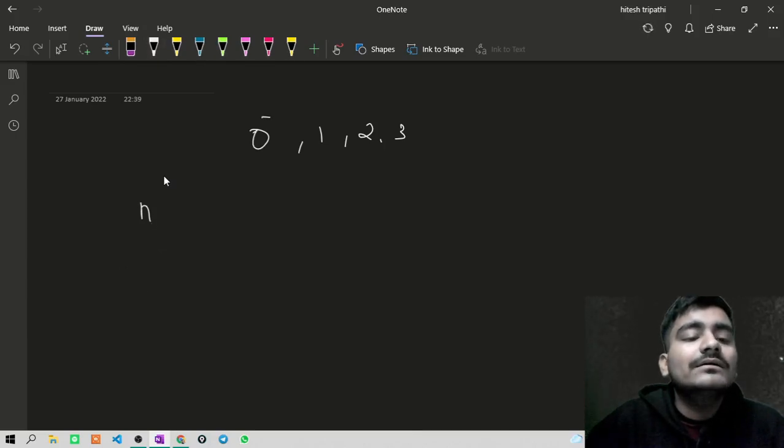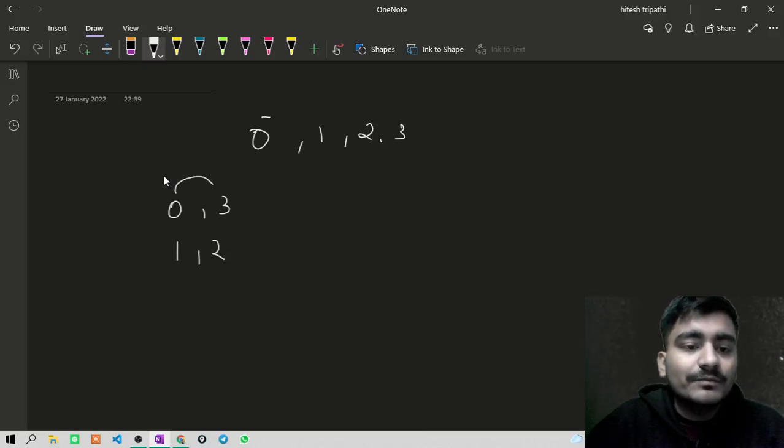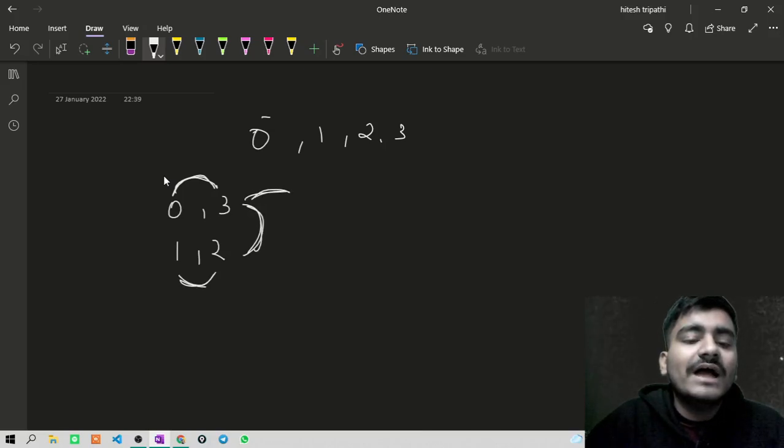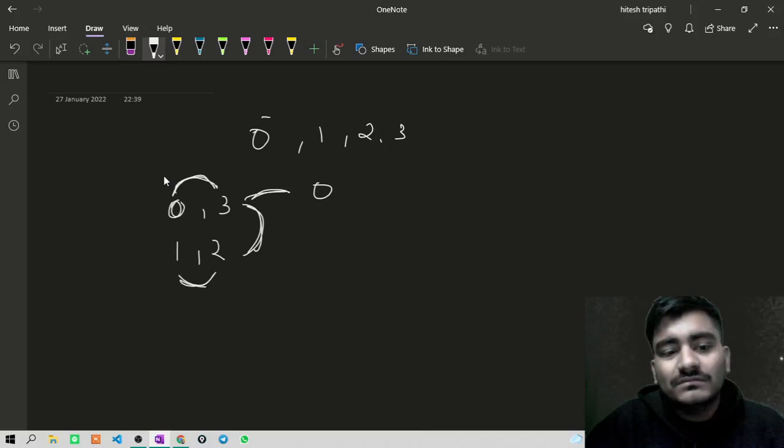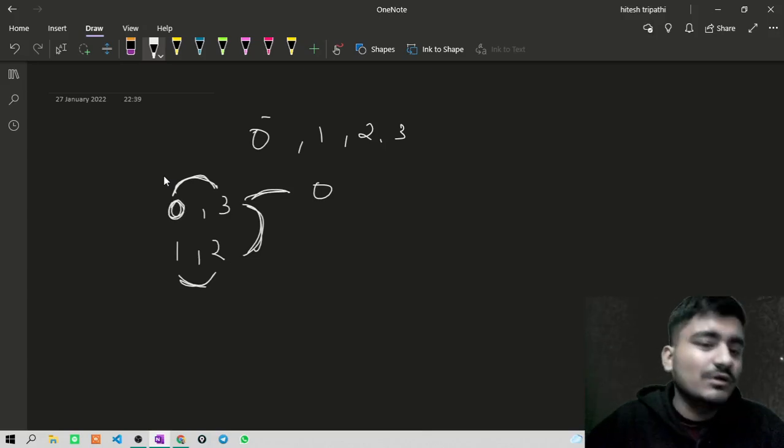Okay, and now suppose you made the pairs 0 and 3, and 1 and 2. Now you simply have to do the bitwise AND of these two pairs and sum it together. Bitwise AND of 0 and 3 will give you simply 0, because bitwise AND of 0 with any number will always be 0.